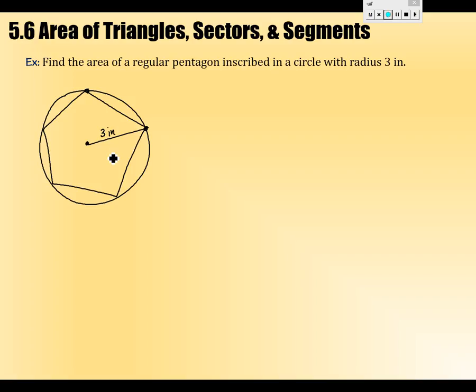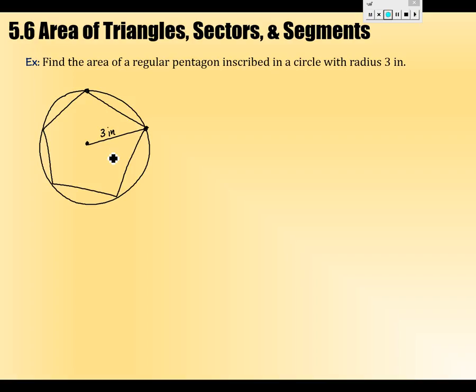Okay. The area that's there equals... So 72.